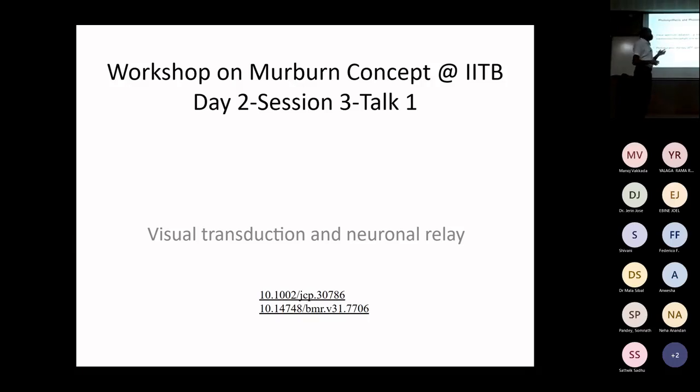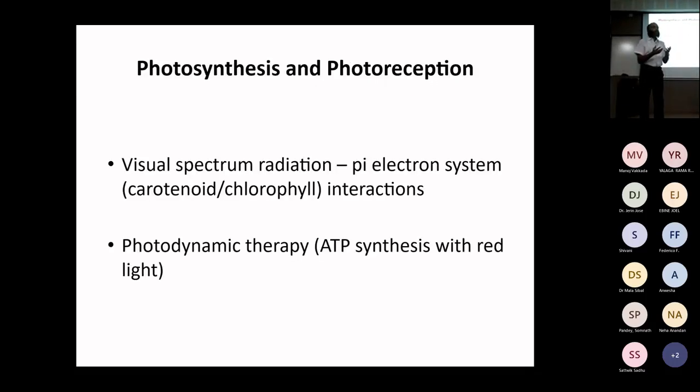Now here, photoreception also has, like chlorophylls in the leaf chloroplast, carotenes. The same carotenes are present as retinol, cis retinol, trans retinol, that are seen in the eye.